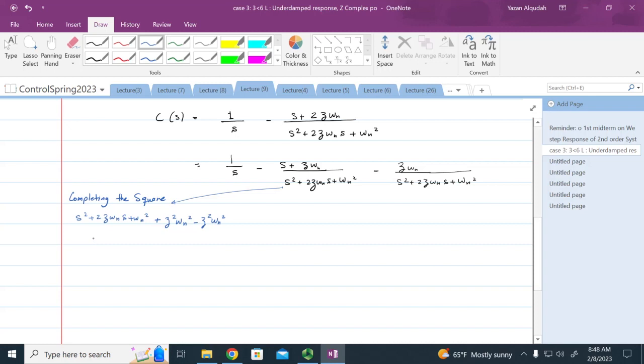So then what we can do, we can take this term and this term, and this is going to give me s plus zeta omega n, all squared.